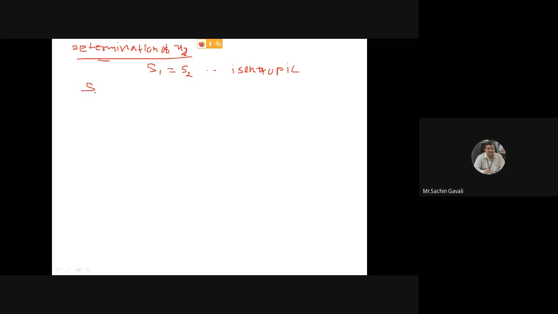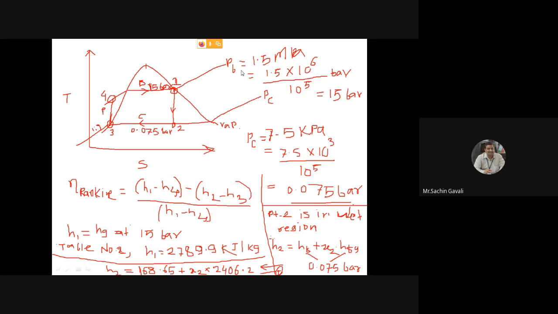S1 is equal to Sf plus x1 into Sfg. See the point S1. Where is point number 1? I am highlighting. Anybody can guess?